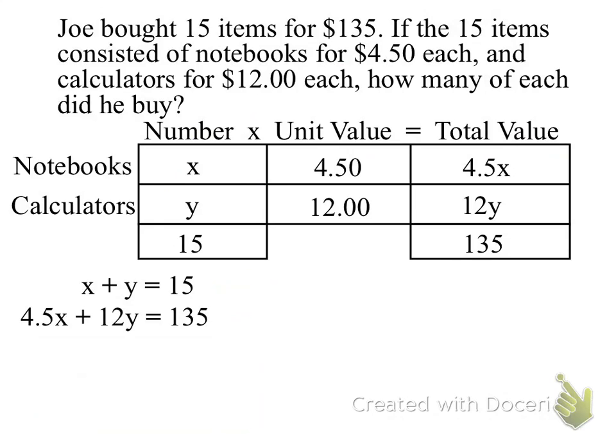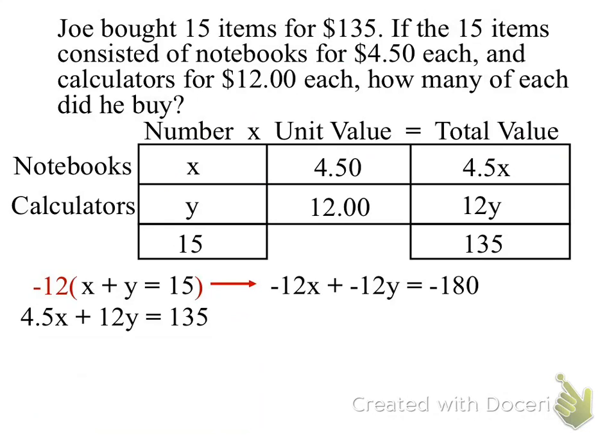You need to change the first equation and make it so it's the opposite. Right, and the easiest one I think, actually I would probably use 12. So what am I going to multiply everything by? Good. And then we get negative 12x minus 12y equals negative 180.